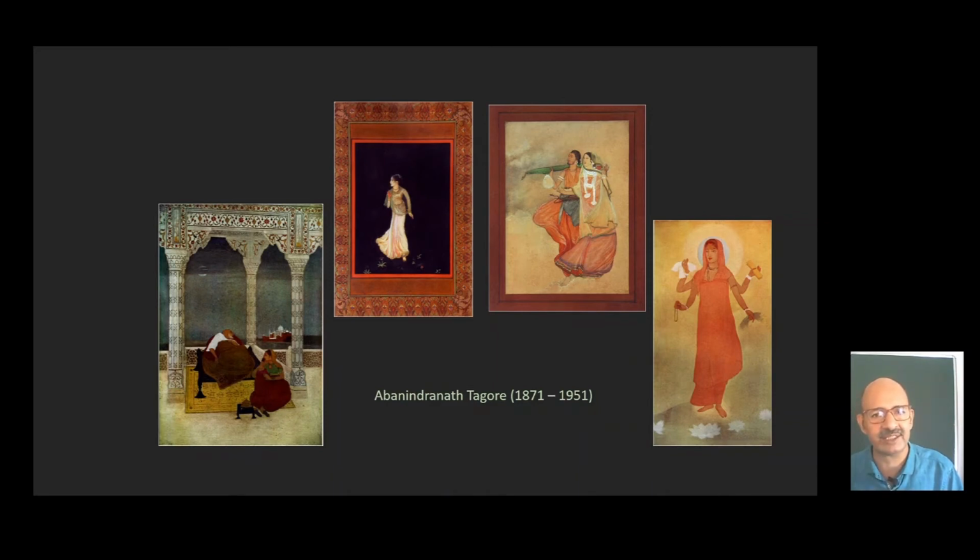Pathetically, tragically, with a great pensive mood, he is looking at the Taj from a distance. Now, this is something that Abanindranath had to reimagine. So he was using, without making it very obvious, a great amount of imagination.